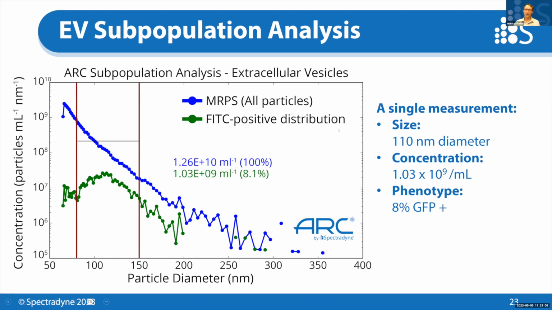And this highlights that in a single measurement on the ARC, we're able to assess the size of this subpopulation, their concentration, as well as their fraction of this phenotype in the sample. So this is like a single measurement of purity as well.